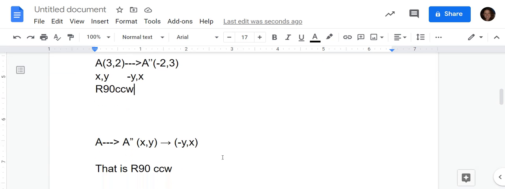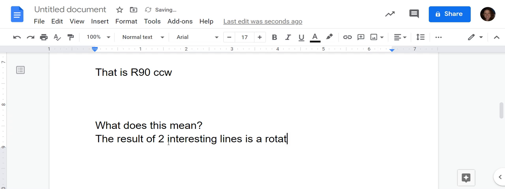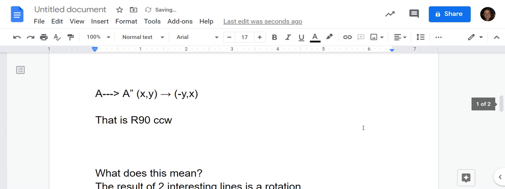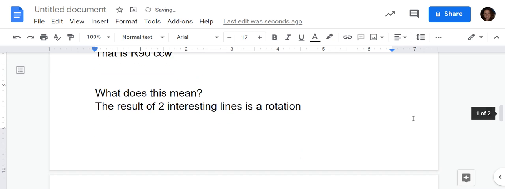So what this really means is the result of two intersecting lines is a rotation. Okay?